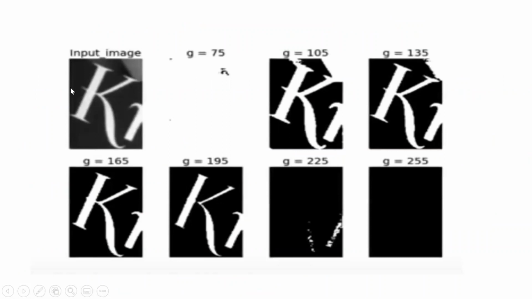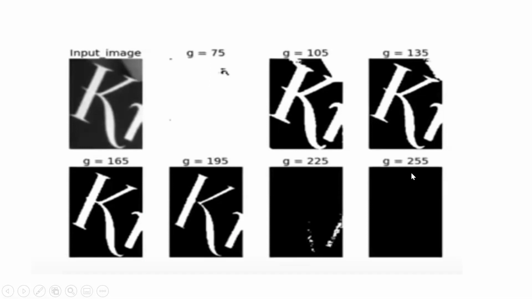Let's see the input image. This is the input image. For a threshold of 75, this is a binary image. The pixels below 75 are made 0. The pixels above 75 are made 255, meaning white pixels. Similarly, for another threshold, let's say 105, and the next threshold 135.